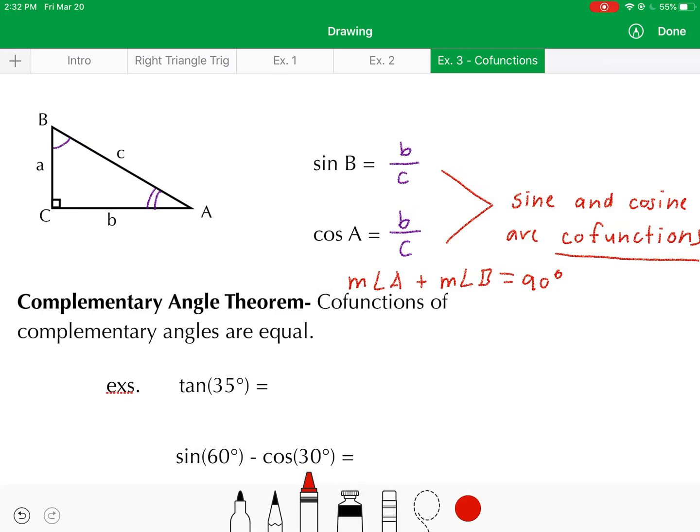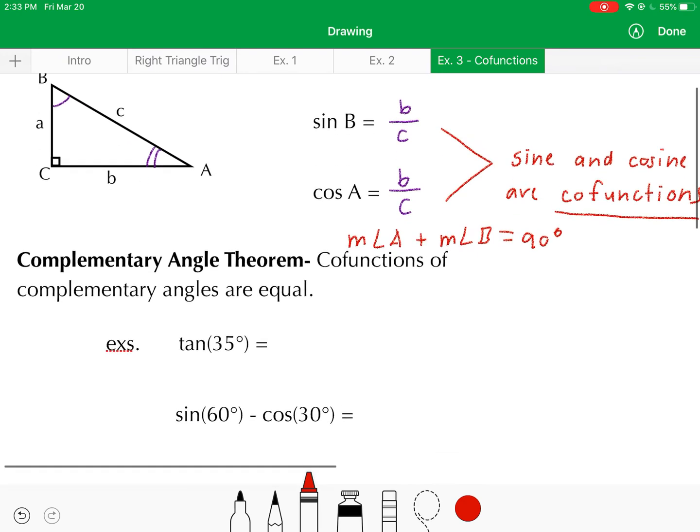This would be the same for secant and cosecant, right? Secant and cosecant would be both equivalent to C over B here for measures of angle A and B. And then we have tangent and cotangent. They would be equivalent to each other, okay?